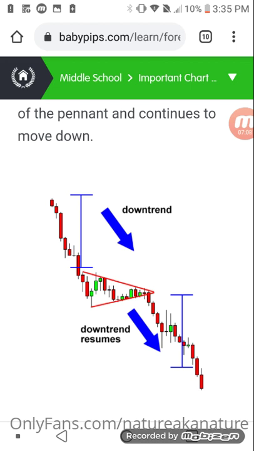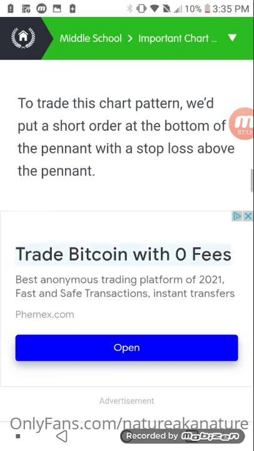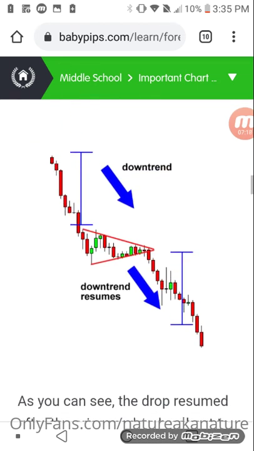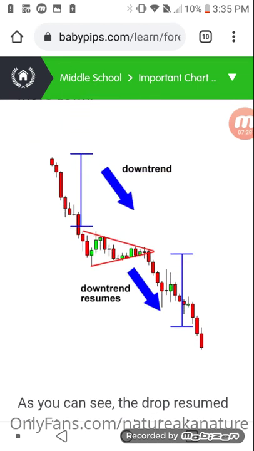They use this to measure or estimate the size of the breakout move. You can see the breakout move is the exact same measurement as the downtrend. They use the mass to estimate how far price will continue to drop.